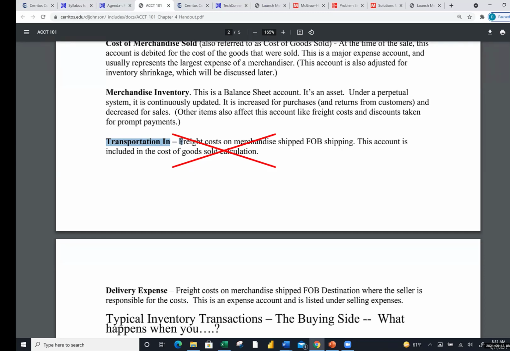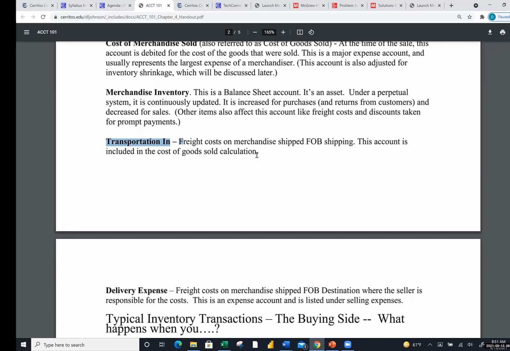If you paid $50 for the shoes and the freight costs you another $5, the cost of those shoes to you, using the cost principle, is $55. And so what we're going to be doing is wrapping that transportation account into the merchandise inventory account.